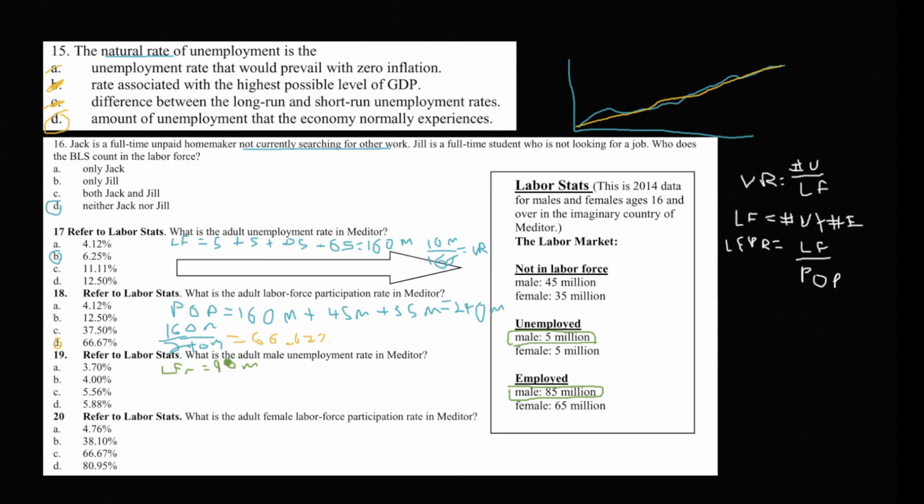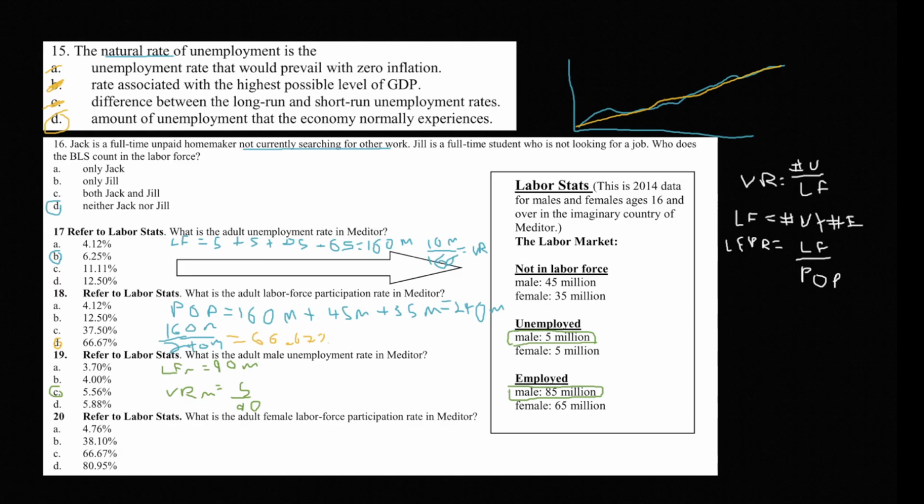And so the unemployment rate is just the number of unemployed divided by the labor force. So UR for males is 5 over 90, and then we express that as a percentage. 5 over 90 is about 0.05, which is about 5%, which corresponds to C.